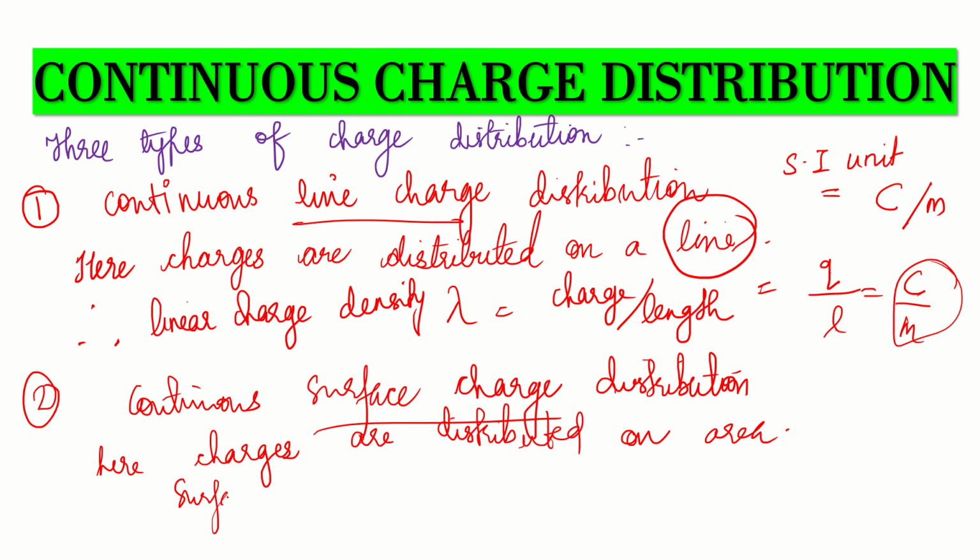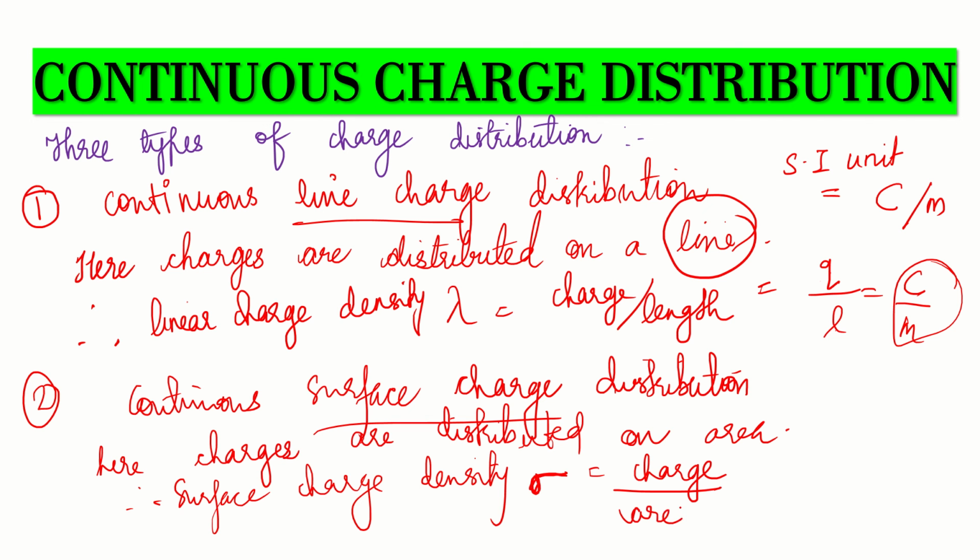And here surface charge density sigma is represented using sigma, equal to charge by area, Q by A or S, whatever you want, you can represent it. I am using S here. And charge SI unit is coulomb, area is meter square.